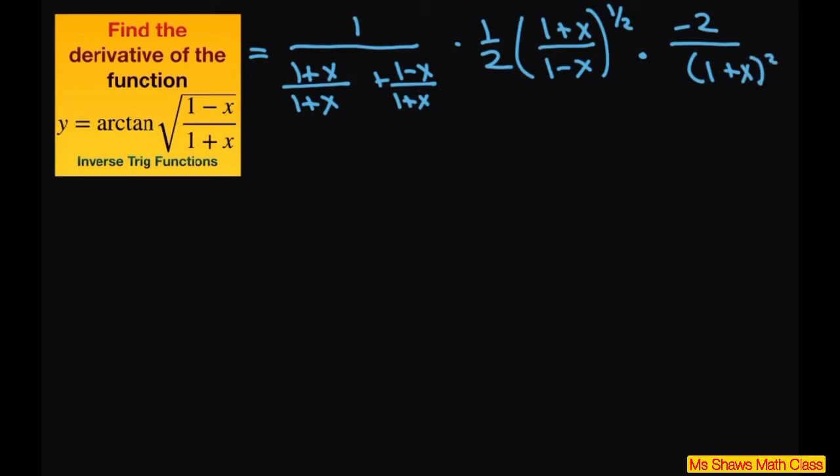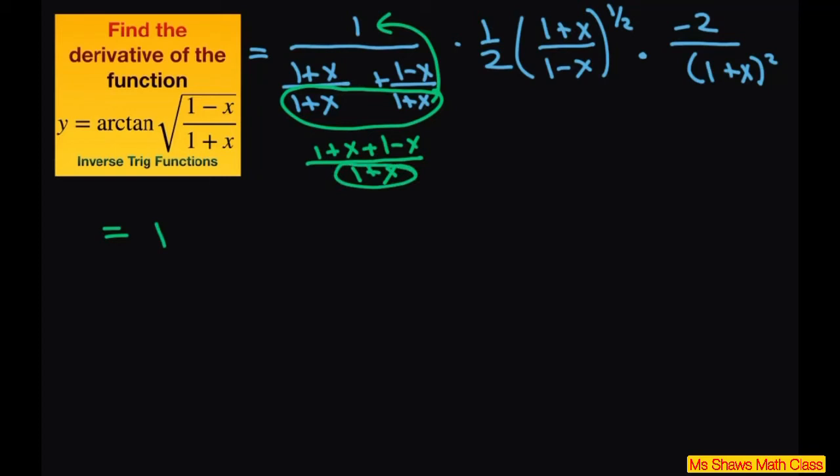All right, next, I'm going to move this up here, because this can be written as 1 plus x plus 1 minus x, divided by 1 plus x. So this part here can go in the numerator, and the denominator is just going to be, the x's cancel, just going to be 2 times, and the second term, I'm going to put this 1/2 with my numerator and my denominator.